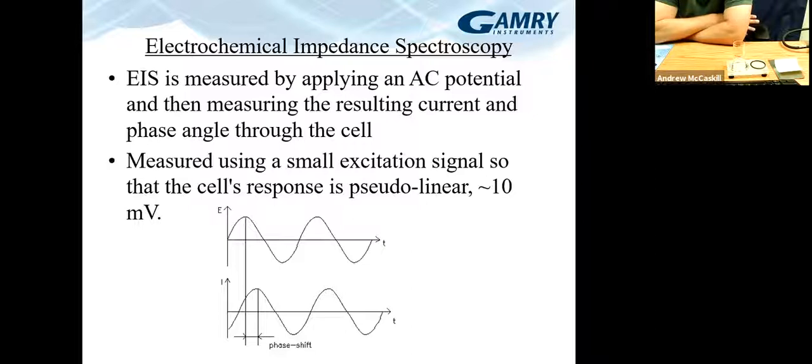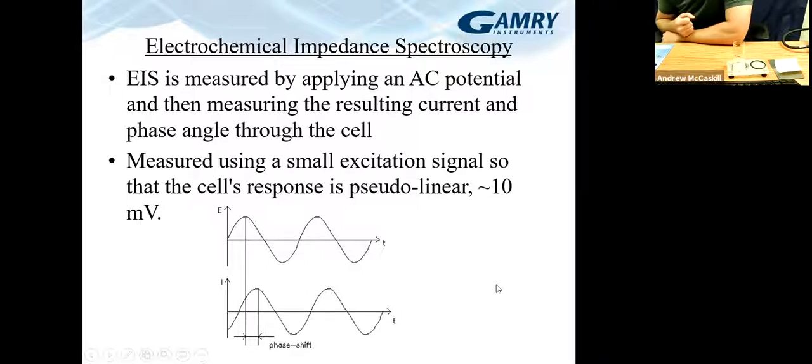That's going to make the math easier once again, because we are going to be in a linear region instead of dealing with a non-linear response. Essentially we apply a sine wave voltage, and then measure the magnitude of the resulting current, and then the phase angle shift of that. We'll record both of those.